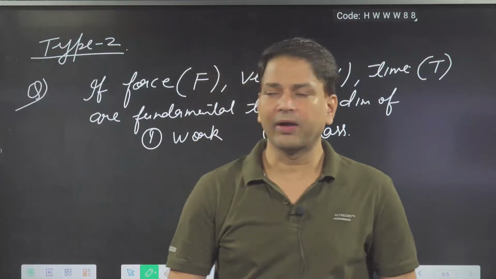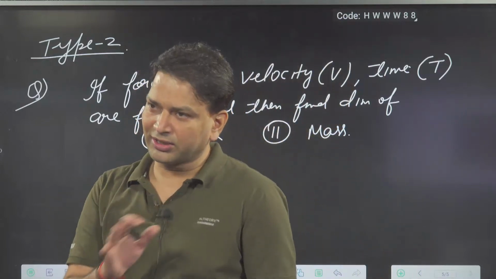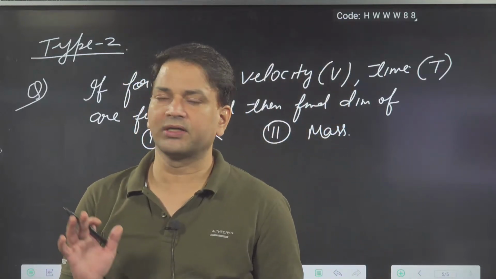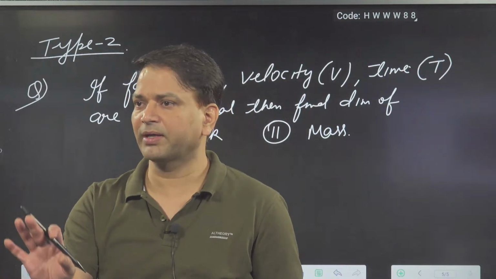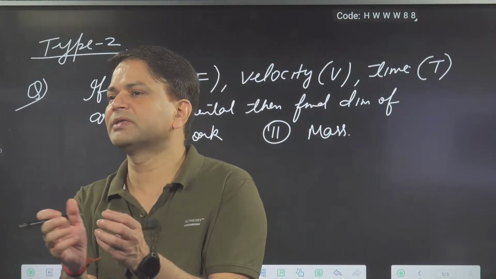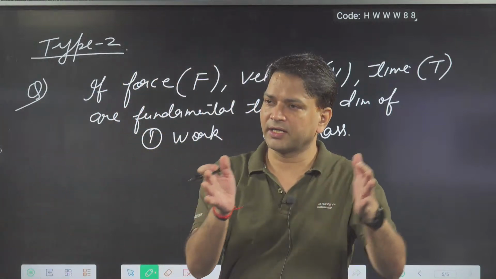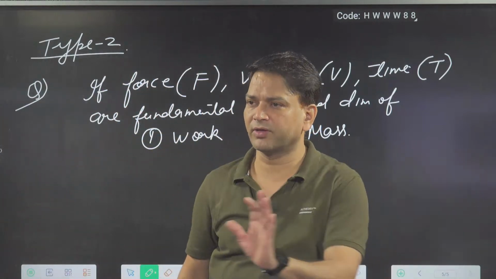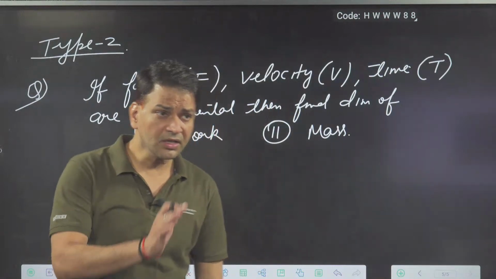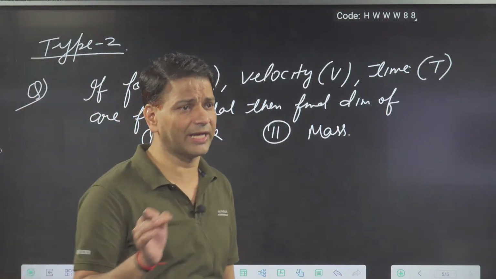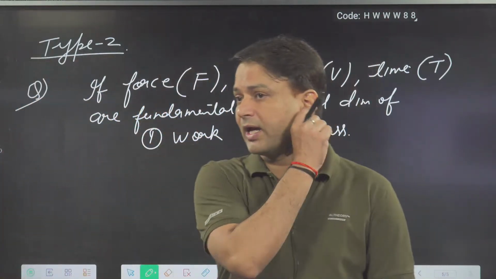I will discuss all problems with method 1, and you will try method 2. At least you have to know both. If we cannot directly relate the formula, we go with the traditional method and get the answer. So here the force, velocity and time are fundamental and we have to find the dimension of work.